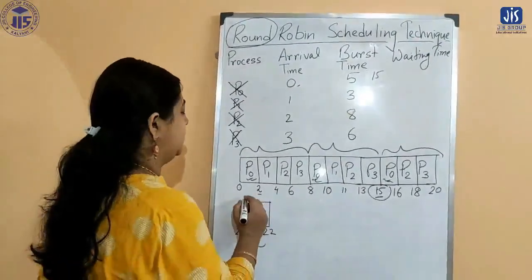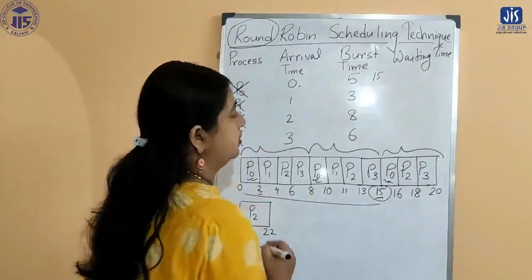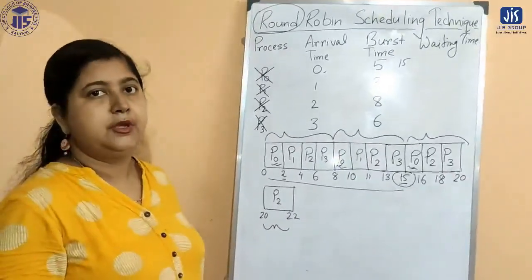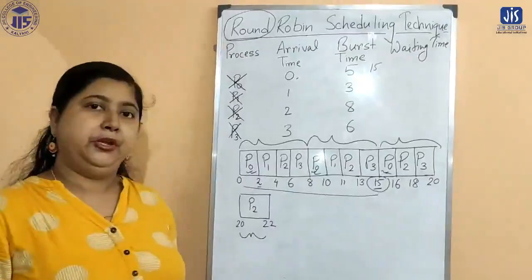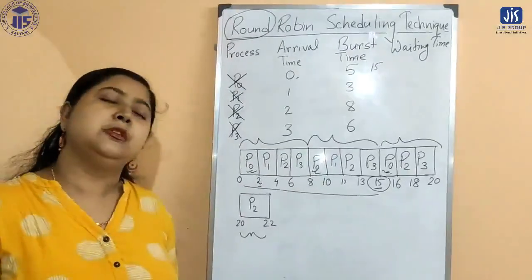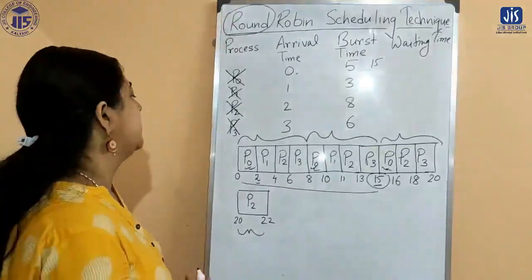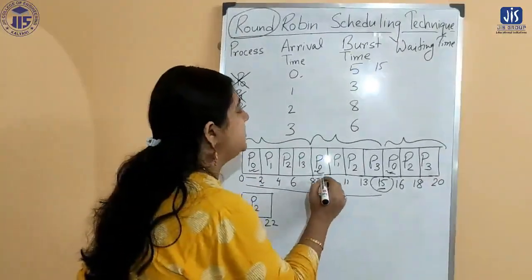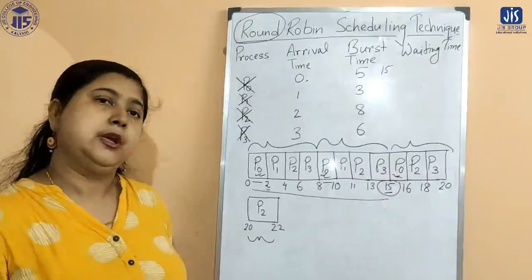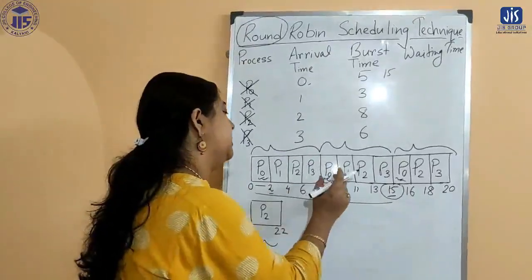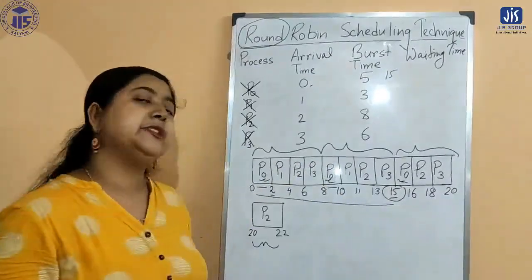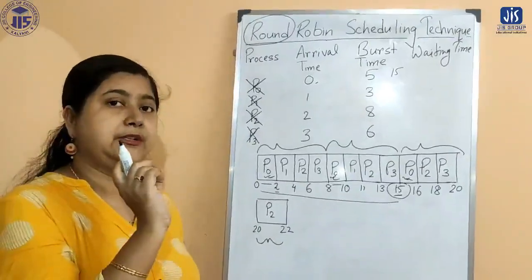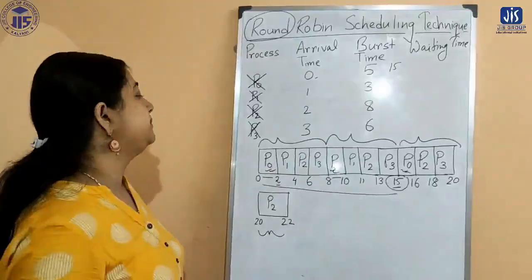Now for this total time period, P0 is not in the waiting state. In among this time period, sometime P0 was executing also. For this time P0 was executing, for this time P0 was executing. And obviously for how much time was it executing? It is equal to the time slice given.